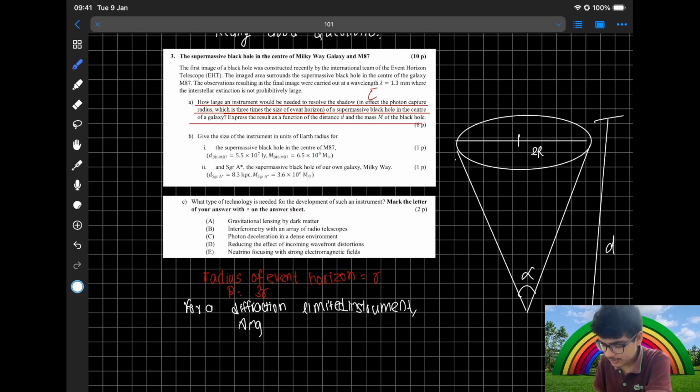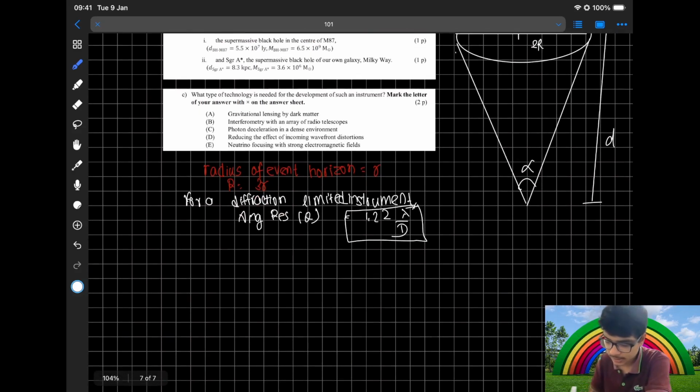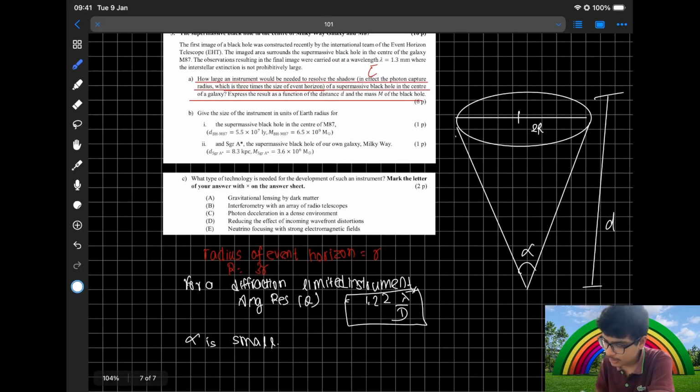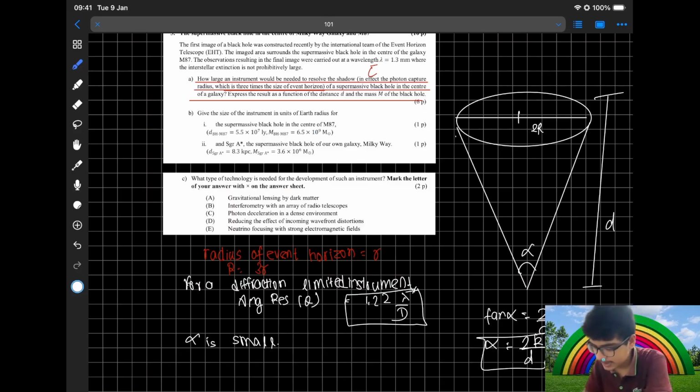Angular resolution theta is given by this famous 1.22 lambda by D. So what I want you to note is alpha is small for obvious reasons because the distance is really big. And from simple trigonometry, suppose this distance is d, tan alpha will be 2r by d, and we have already talked in our previous video, it's 2r by d, small angle approximation.